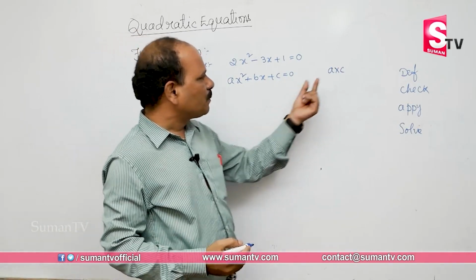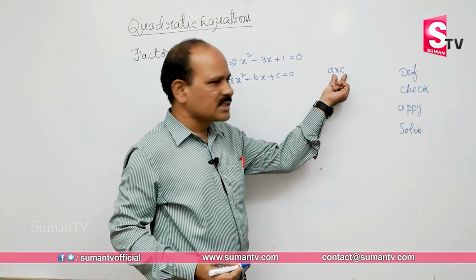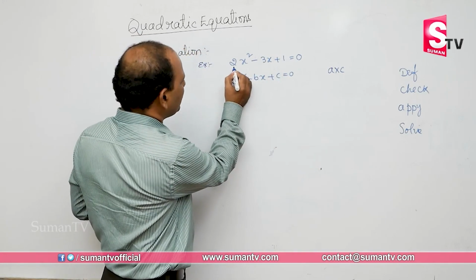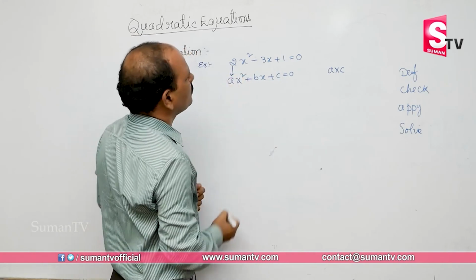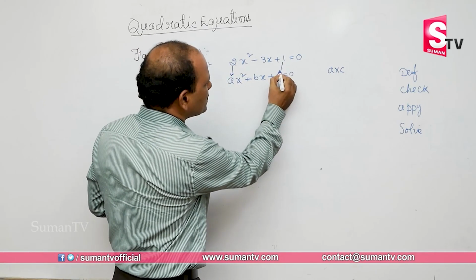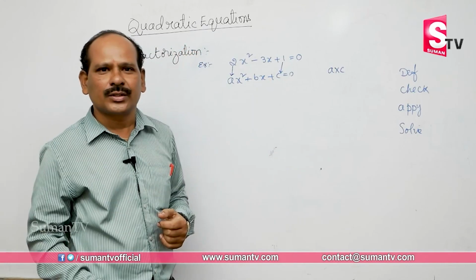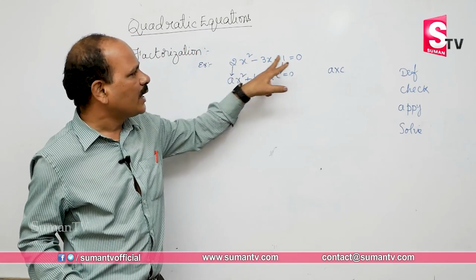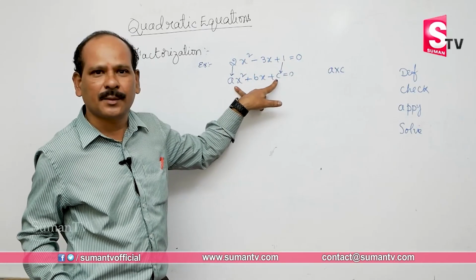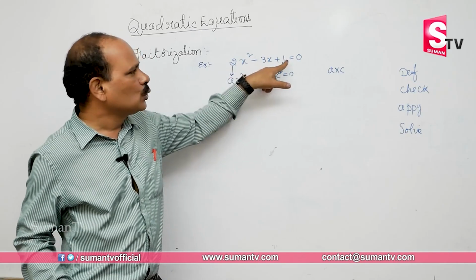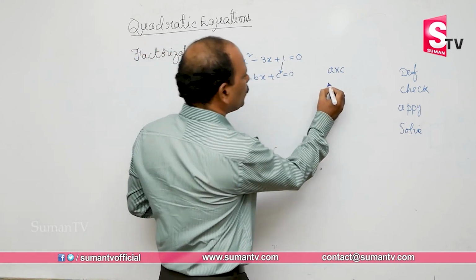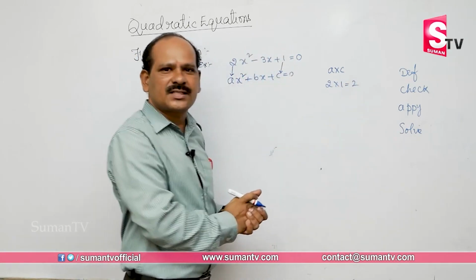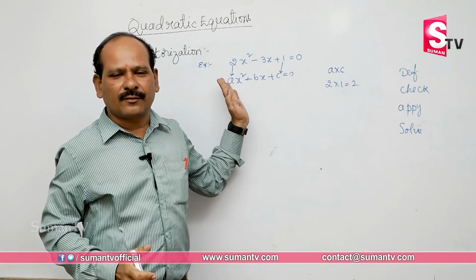In this example, a is 2 and the constant is 1. In the first step, I have to multiply 2 and 1, because I have to multiply a and c. The product of 2 and 1 is equal to 2. This is the first step to solve the equation.